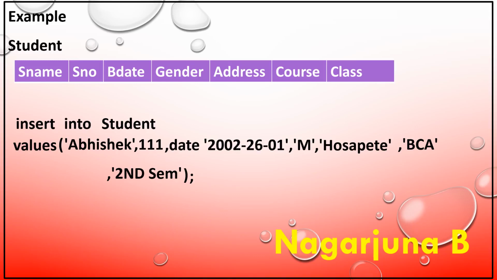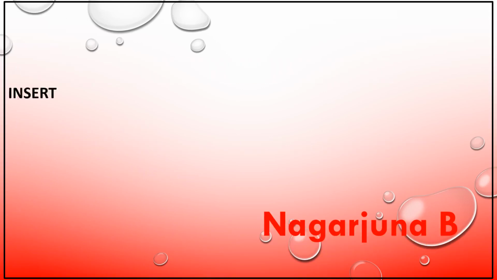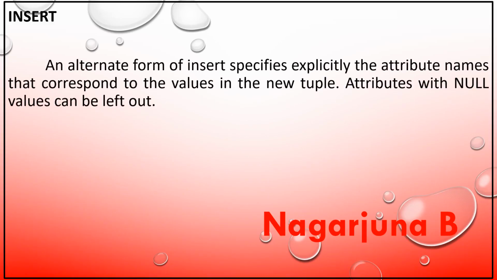After executing this particular command, it will display a message as one row inserted. An alternate form of inserting a tuple into a relation is by specifying the name of the attributes. An alternate form of inserting tuples will be specifying explicitly the attribute names that correspond to the values in the new tuple.